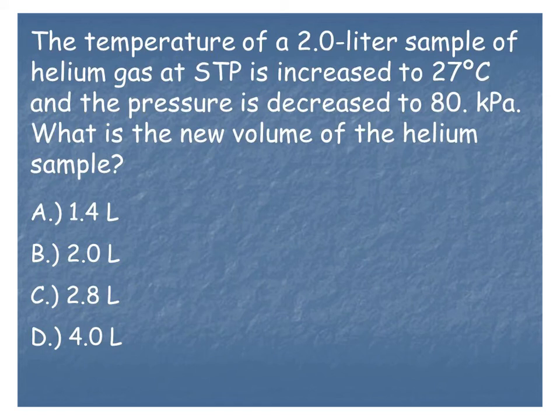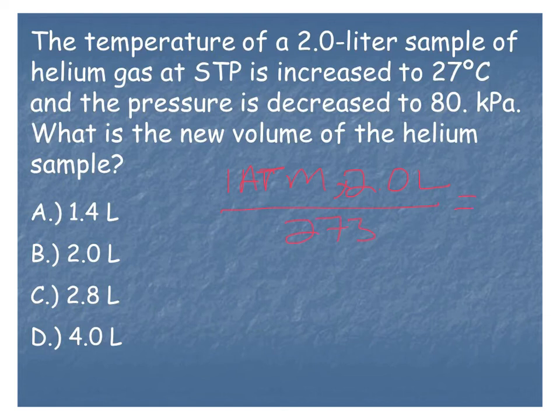And again, just more practice here. The temperature of a 2-liter sample of gas at STP is increased to 227. So we start with our conditions: P1 is 1 atmosphere, because we already said STP, and V1 is 2.0 liters, and then 273.